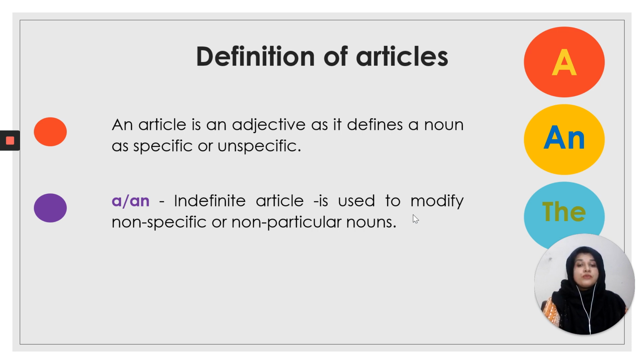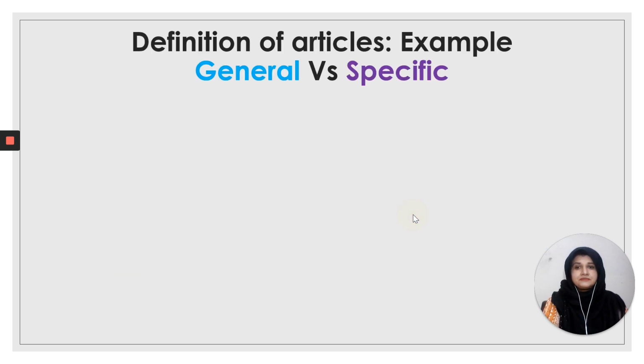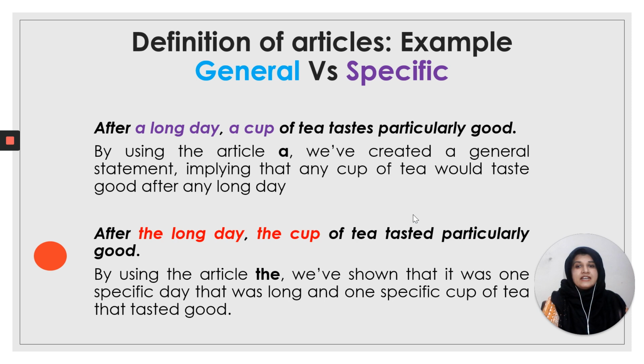So if we want to refer to a noun as something general, then we'll make use of the indefinite article. And then there is another type, the definite article, and we use the to refer to something specific or particular.